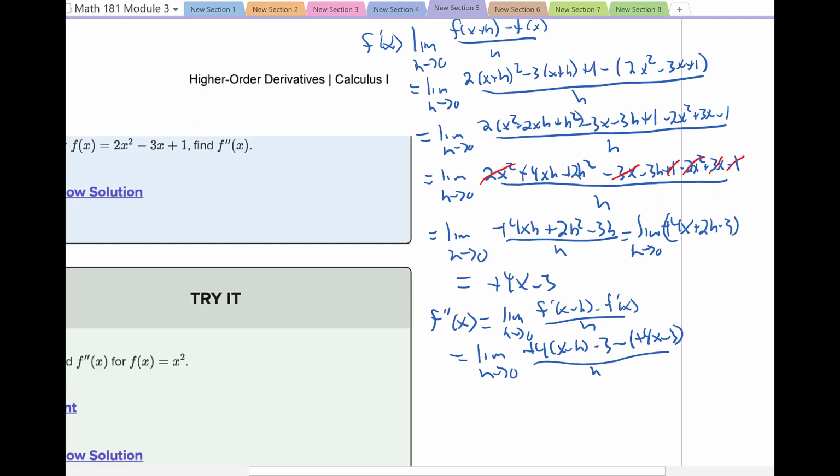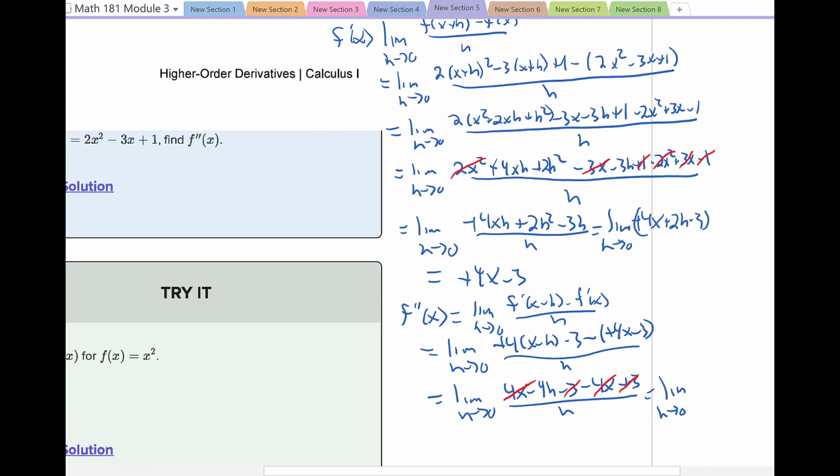And so we end up with the limit as h goes to 0 of 4x plus 4h minus 3 minus 4x plus 3 all over h. And everything without h is going to go away. And we have the limit as h goes to 0 of 4h over h.